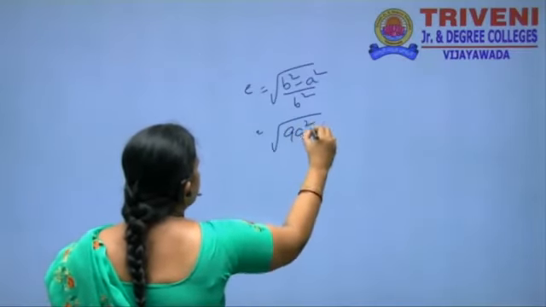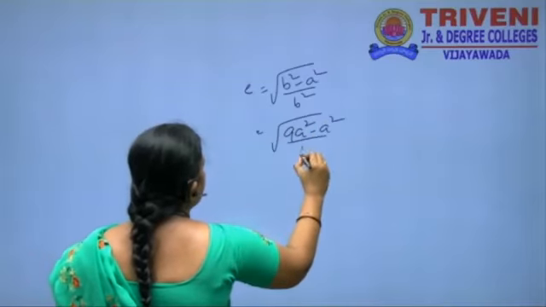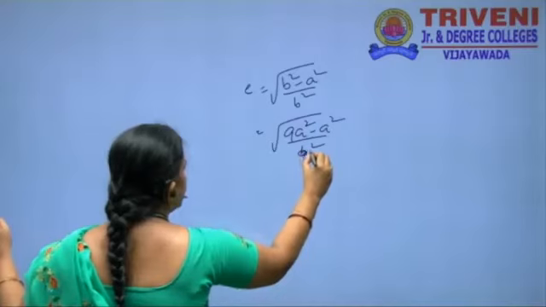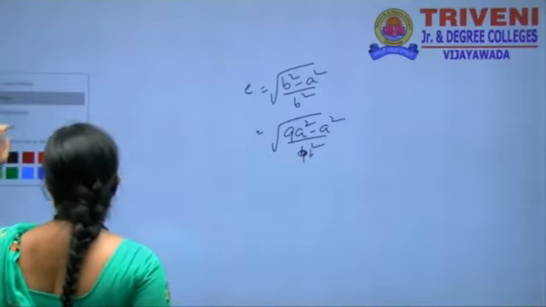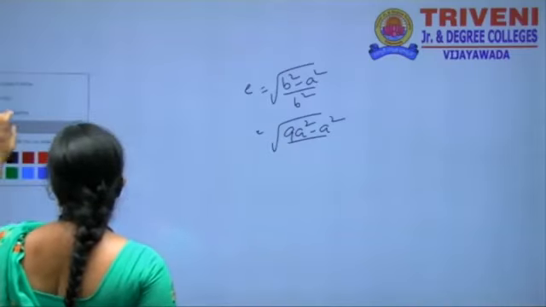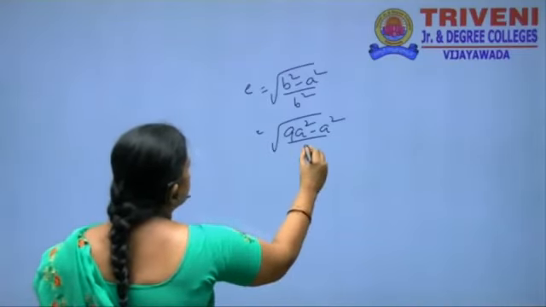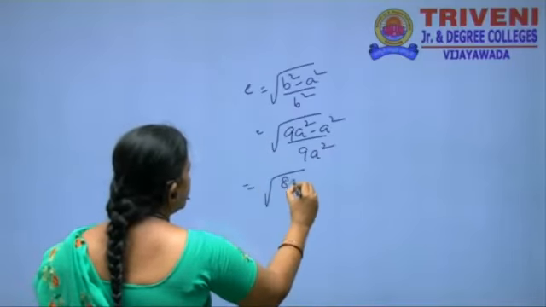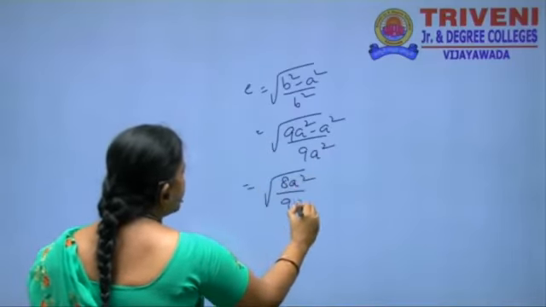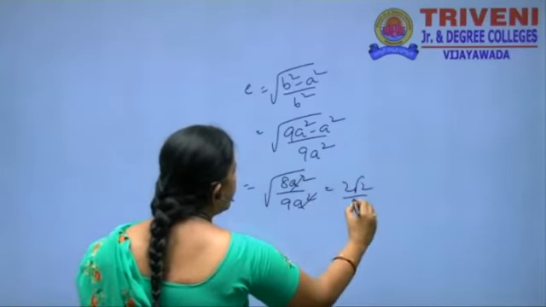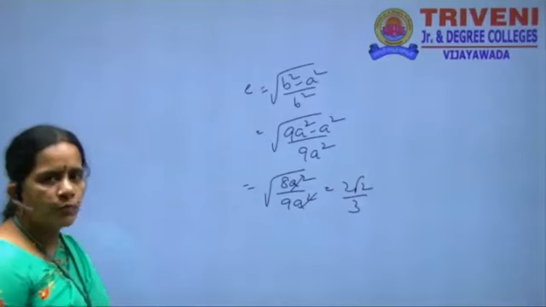So 9a square minus a square by 9a square, that is equal to square root of 8a square by 9a square. The a square gets cancelled here. So e is 2 root 2 by 3.